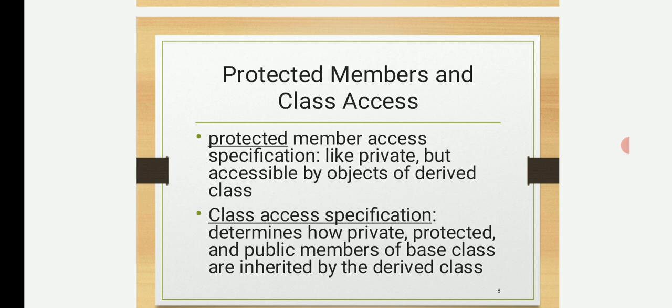Private means we can access data within a class or function alone. If you declare it as protected, we can access the data in the next level. If you declare it as public, we can access it anywhere in the program. These all come under access specifier concepts. There are three types of access specifiers: private, public and protected, right?